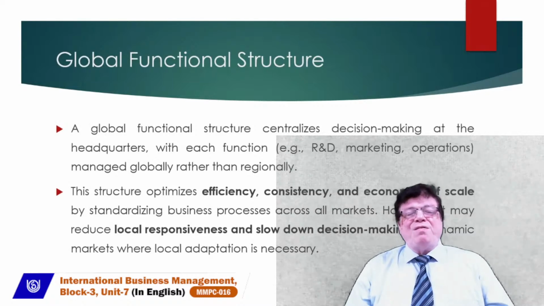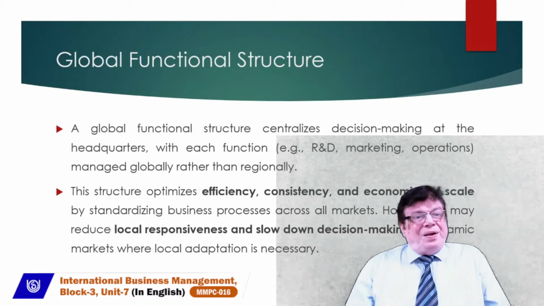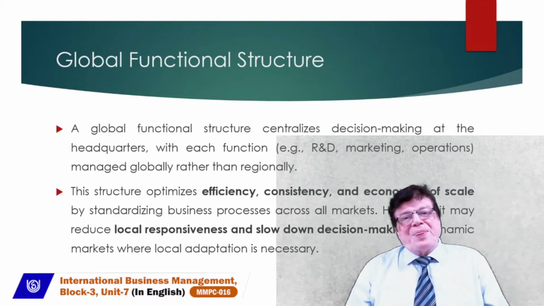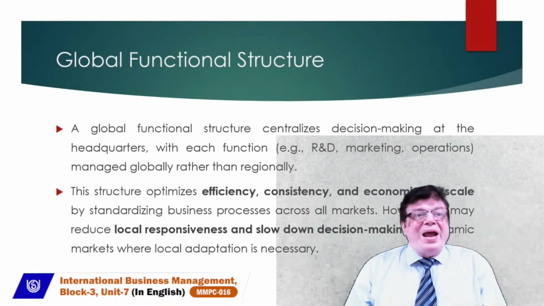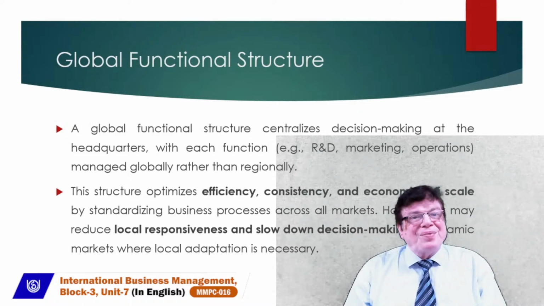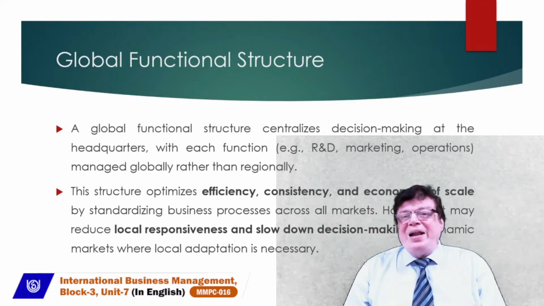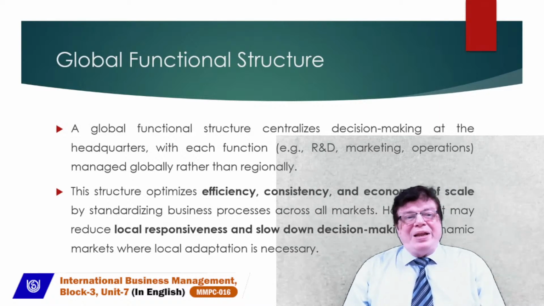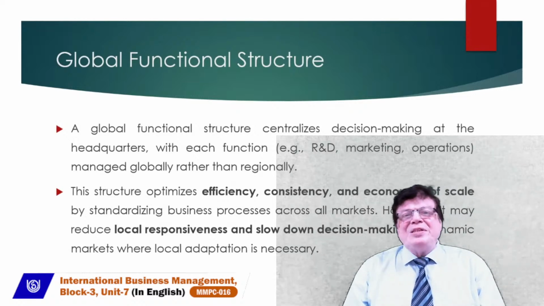Next is global functional structure. A global functional structure centralizes decision making at the headquarters, head office, you can say, with each function, that is R&D, marketing, operations, managed globally rather than regionally. R&D means research and development.